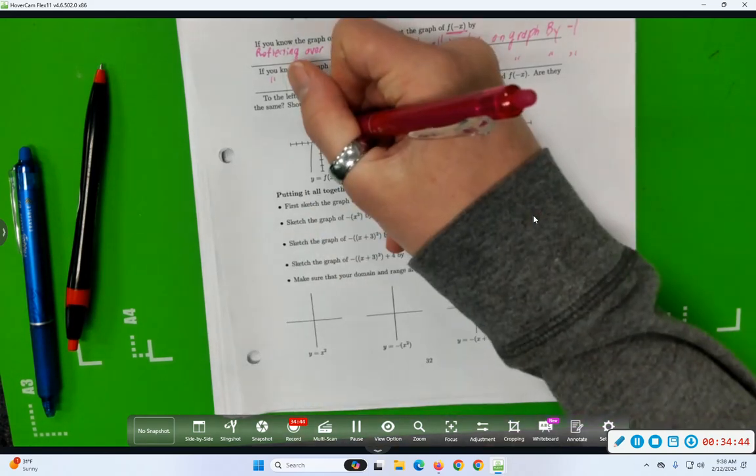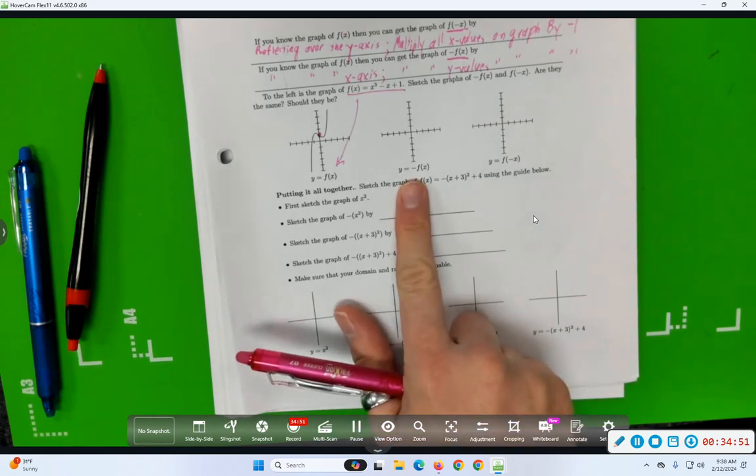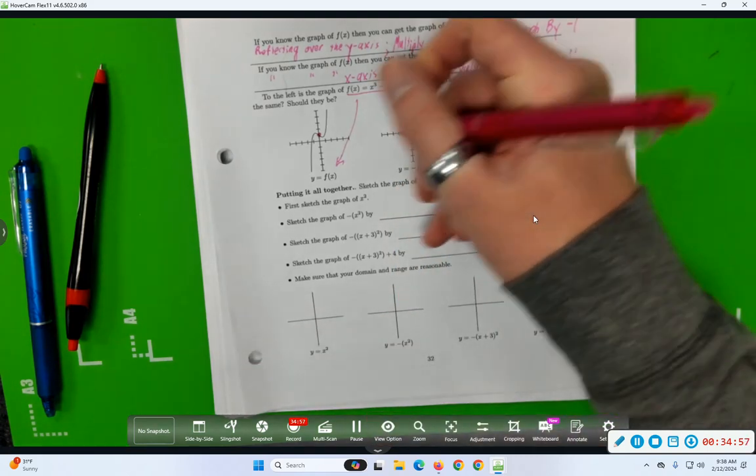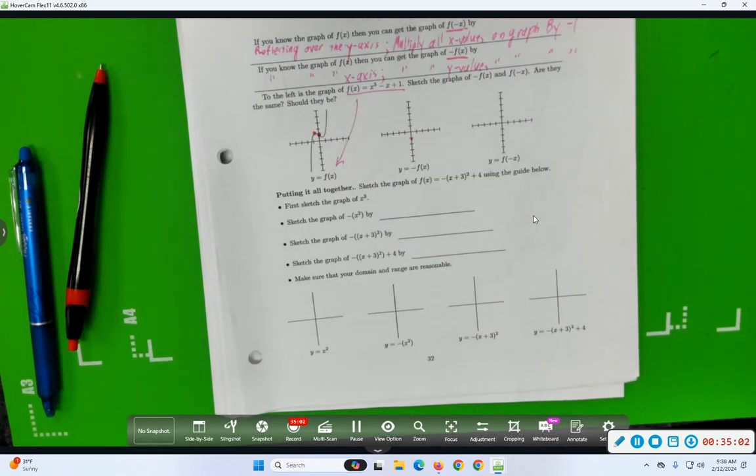I see this point here at 0, 1. Where does that go on this new graph? 0, -1. Cool. I see this point up here. It looks like it's -1-ish, 1-ish.